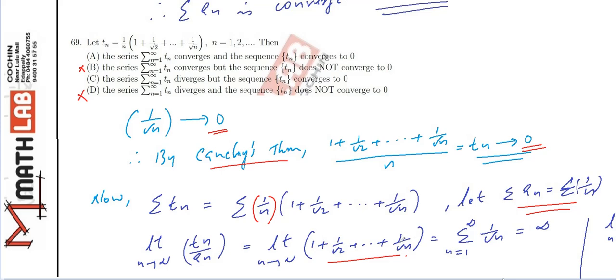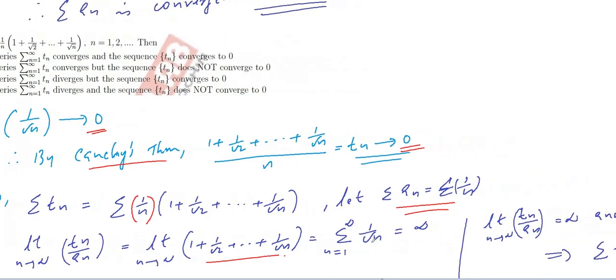This is nothing but the series 1 by root n, written as a partial sum. And 1 by root n means it's a p series, that is, 1 by n to the power 1 by 2, and this value is less than 1. So this is a divergent series. So the sum from n equals 1 to infinity of 1 by root n is equal to infinity.